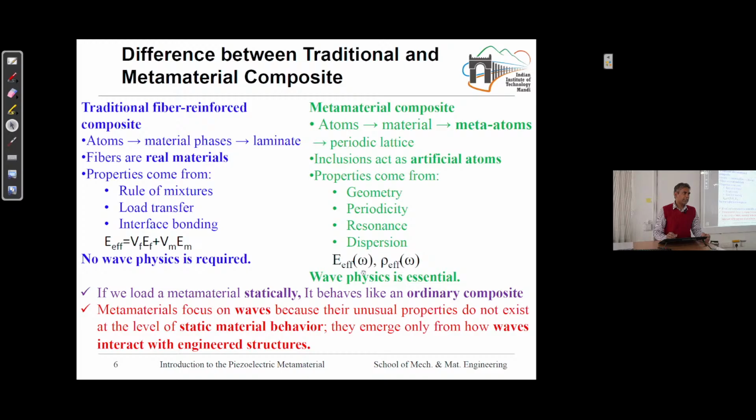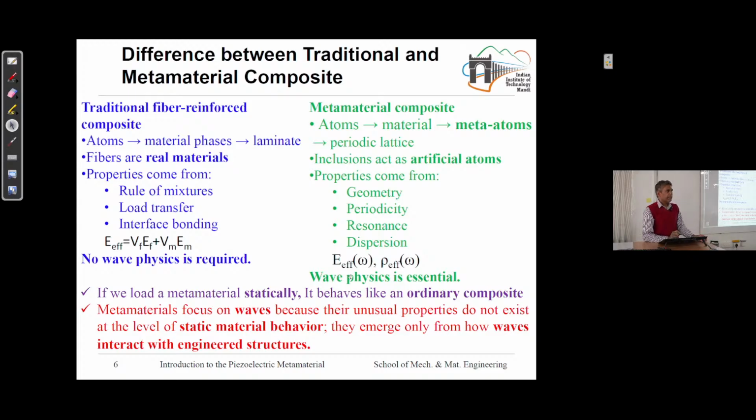The interesting thing in the case of metamaterials is that we have E effective and, for example, density rho effective. These properties depend on the frequency. As you can see, this is a function of frequency omega.